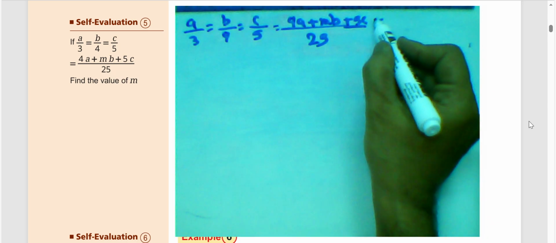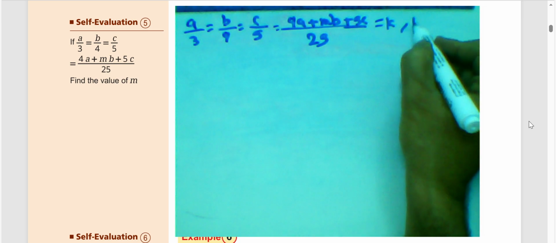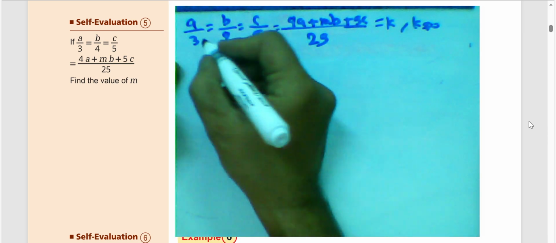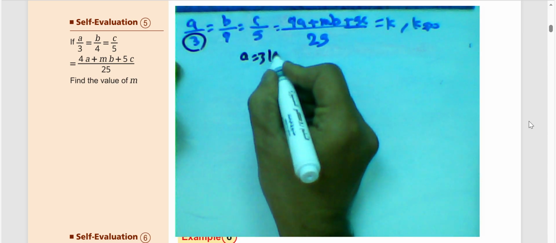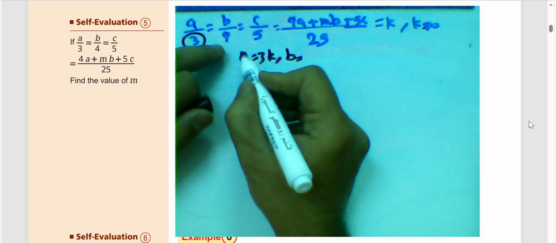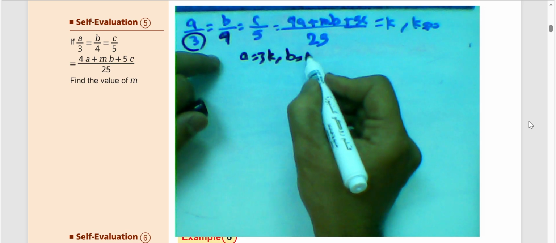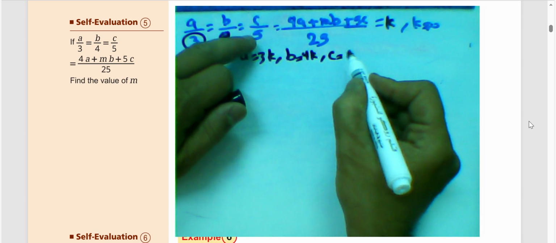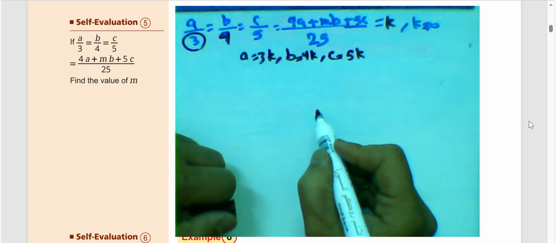We can solve the example by two methods. First method, I will put here equal k, and k is a constant not equal 0. First step, I will write the value of a equals 3 times k. Okay, a will be equal 3k, and b will be equal 4k, and c equal 5k.